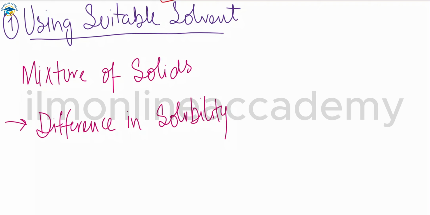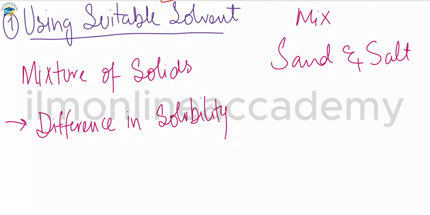Only the desired substance should dissolve in the solvent. Other substances or impurities in the mixture should not dissolve in the solvent. For example, if you want to separate a mixture of sand and salt, water is the suitable solvent, because salt is soluble in water but sand is insoluble.